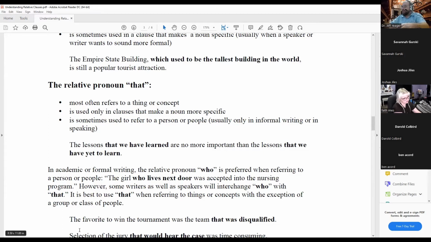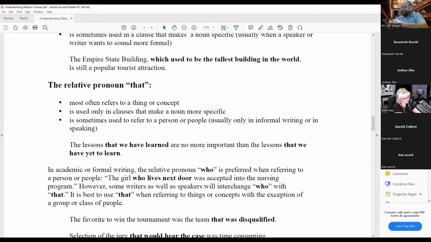Okay. So this is one that often shows up that irritates English teachers. So definitely important to know the difference.